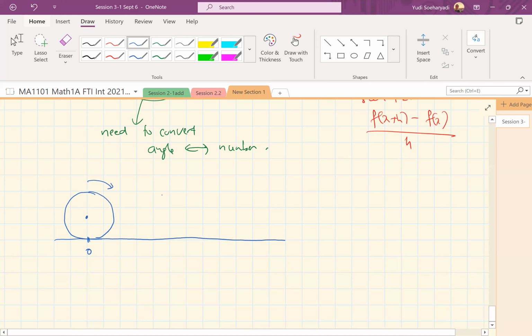Keep rotating it. At some point the 0 becomes up here, and then you turn it again and it becomes here again.